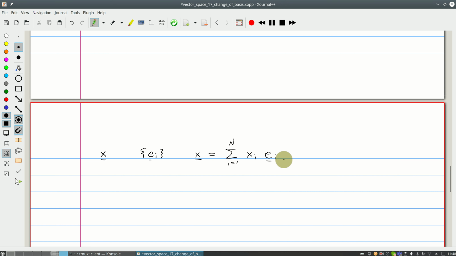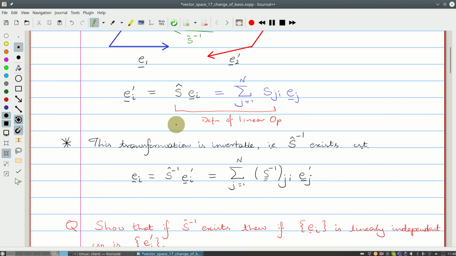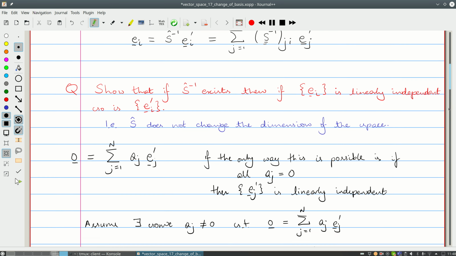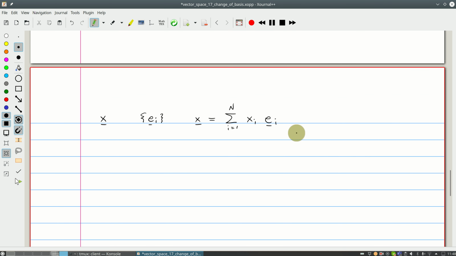Now we know that when we make a transformation and we go into the primed space, then the e_i and the e_i primes are related through this relation. So if I wanted to know what the components of x were in the primed space, we should be able to relate them to the components in the unprimed space. So that's how x looks in the unprimed space, and here's how x will look in the primed space.